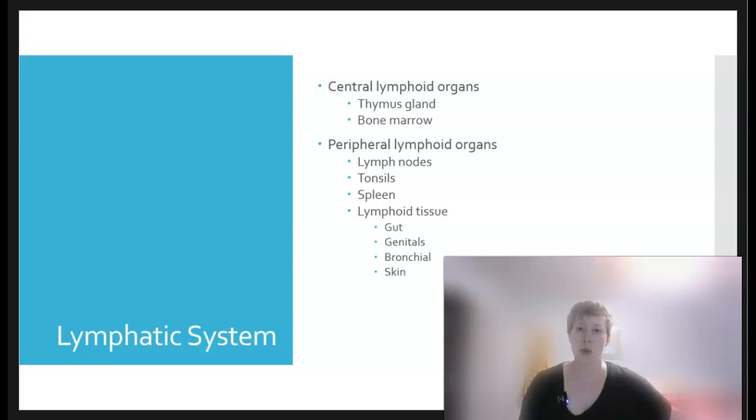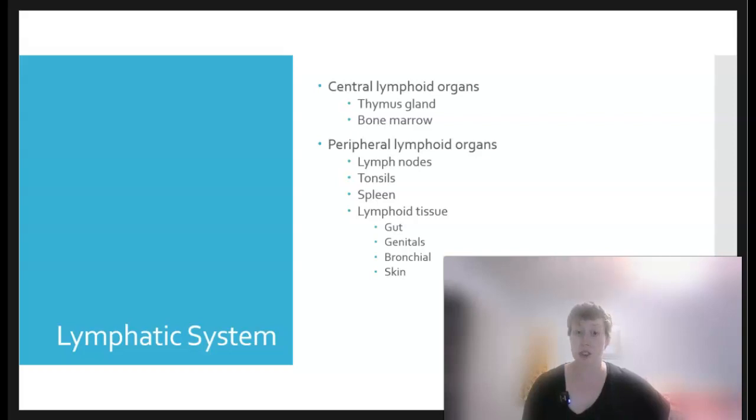Lymphoid tissue, so our peripheral lymphoid organs, like our lymph nodes, tonsils, spleen. The spleen filters foreign antigens in the blood. And then the lymphoid tissue is kind of in areas where we would be exposed to antigens, right? So our gut, we'd be exposed to pathogens by eating or ingesting them.